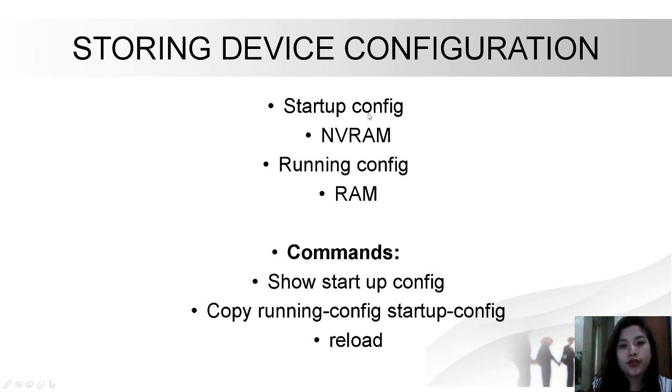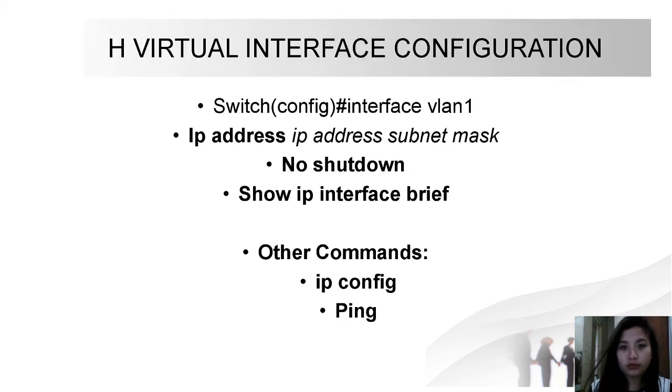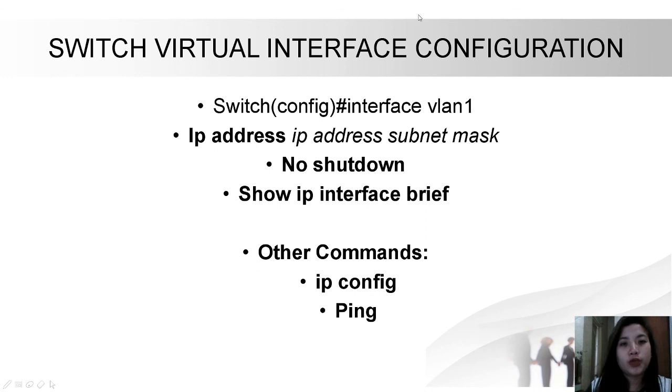Storing device configuration: startup config is in NVRAM, running config is in RAM. The commands for this are show startup-config, copy running-config startup-config, then reload. Then switch virtual interface configuration.